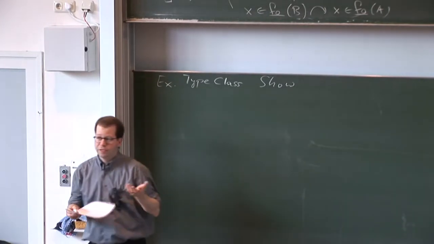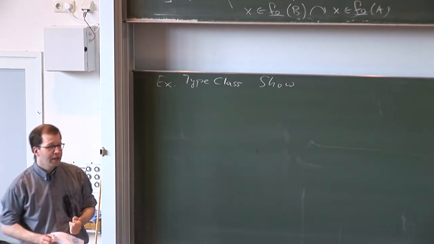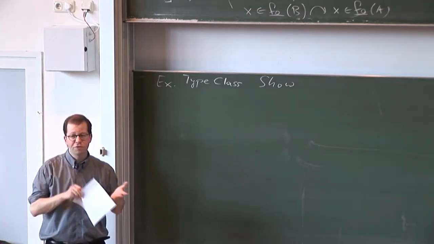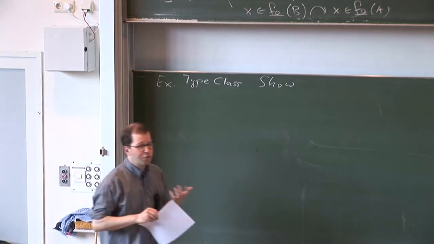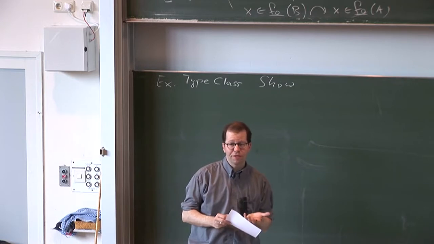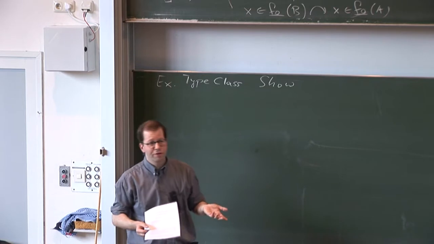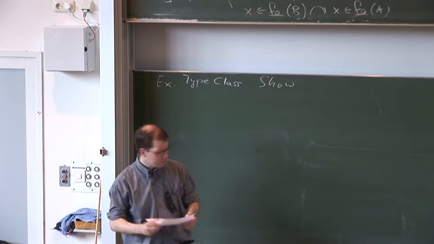Whenever you type in some expression into your interpreter and press return, the interpreter will try to evaluate this expression and print the result on the screen. Now, on the screen you cannot print arbitrary data objects. You can basically only print strings.